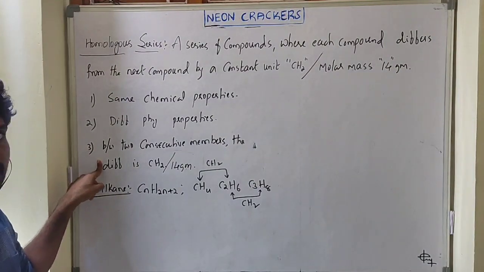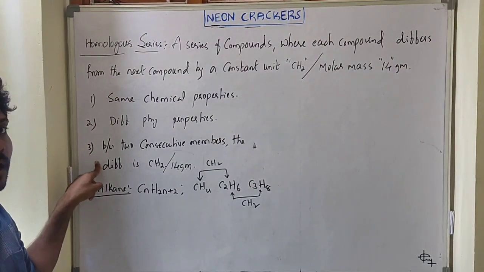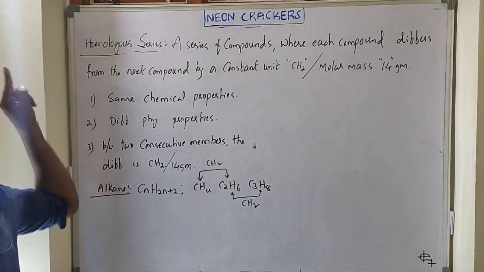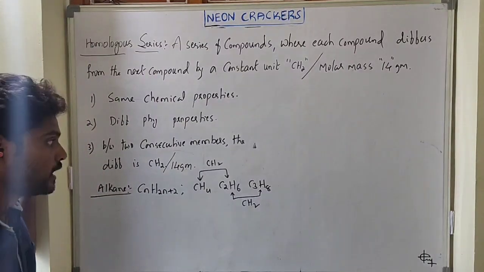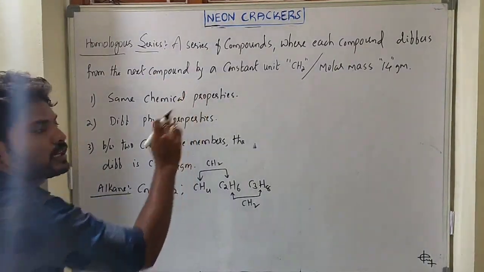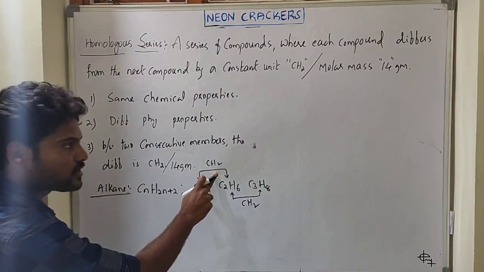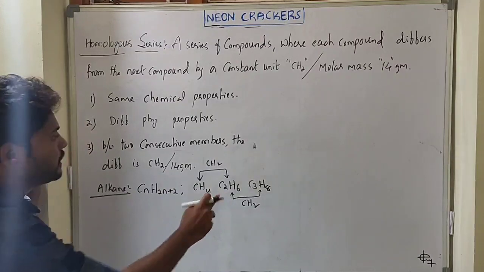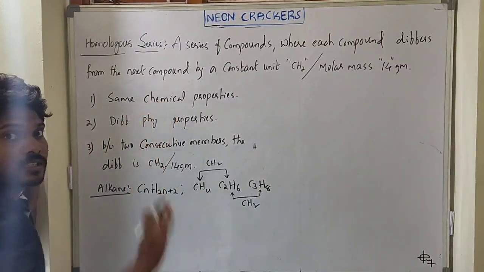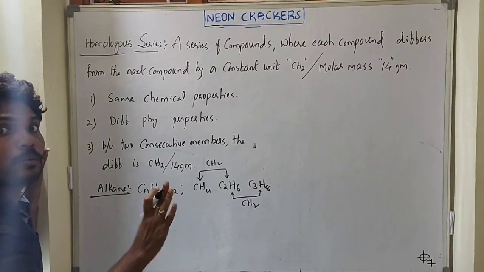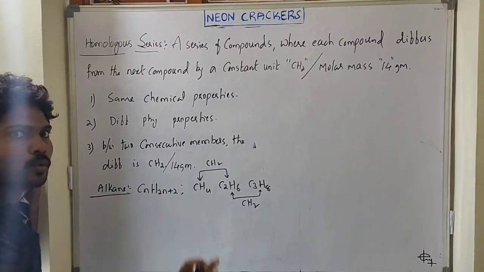This condition is satisfied, but this condition alone will never explain homologous series. Along with the other two conditions it will. So first the third condition is satisfied, CH2 difference between these two members, and we should check the other two conditions also.